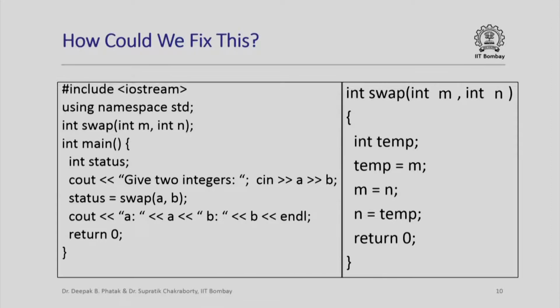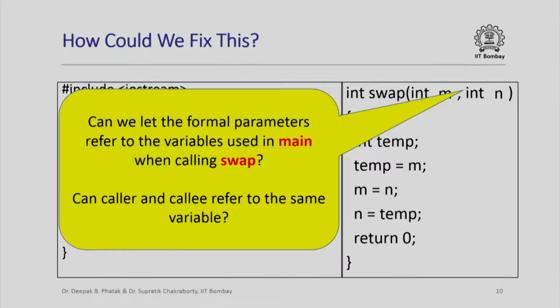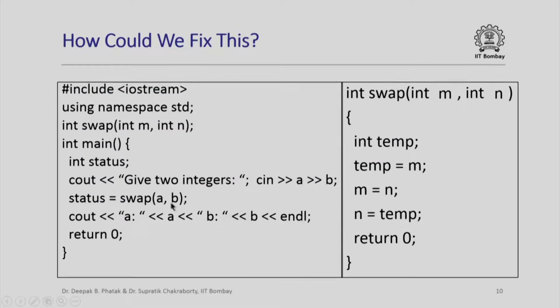In fact, you would notice that the problem arose here because the formal parameters of the function swap were not exactly the same as the variables in the function main from where it was called. In function main, we wanted to swap a and b, but when we called this function, the values of a and b were copied to m and n.